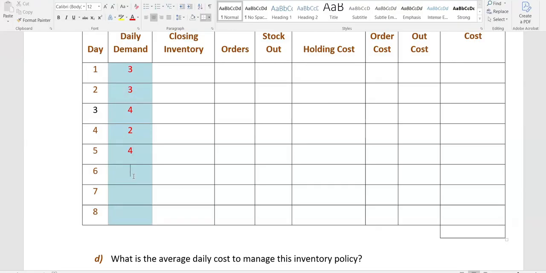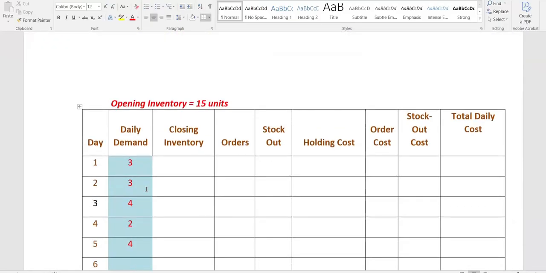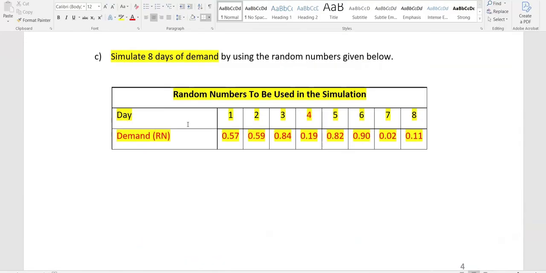All right. Can somebody else walk us through day 6? We're now at day 6. We want to predict the demand for day 6. So we go back up to the random numbers that were given to us. So day 6 has a random number of, go ahead, 90. All right, Claudette. So day 6 has a random number of 90.